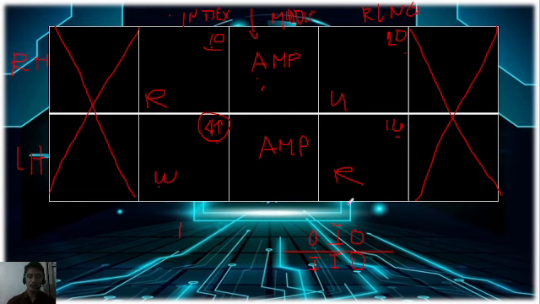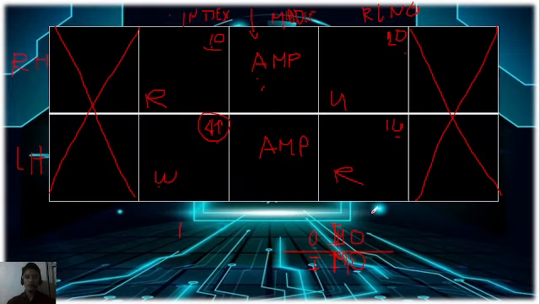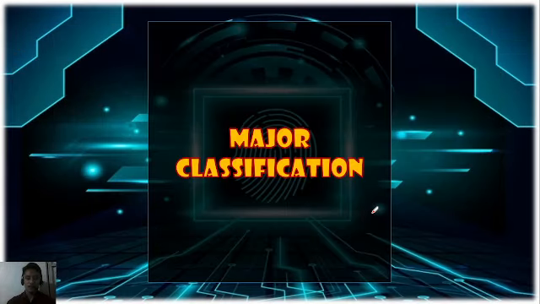Kaya meeting whorl. Kaya parehas po na M ang mailalagay dito sa subsecondary classification natin. Okay? So, ganun po yung gagawin natin just in case meron pong amputated fingers ang ating subject. Alright? So, yan po yung sa subsecondary classification.